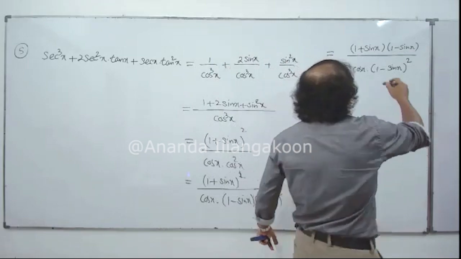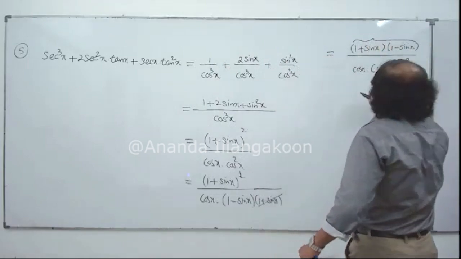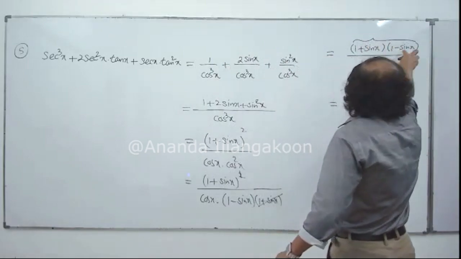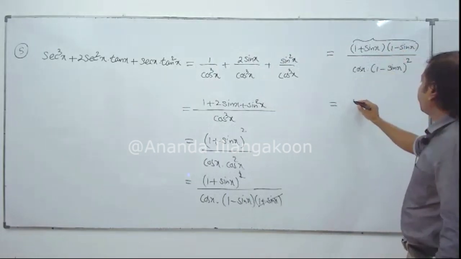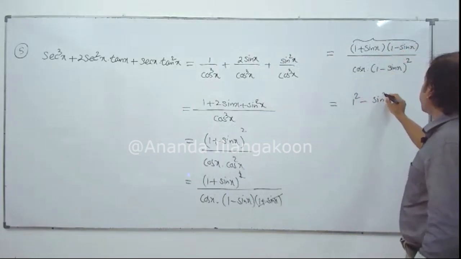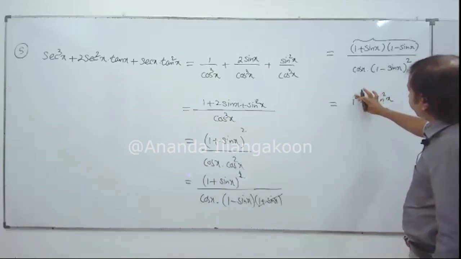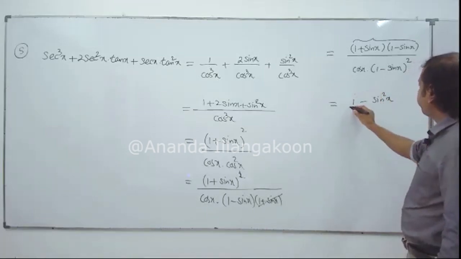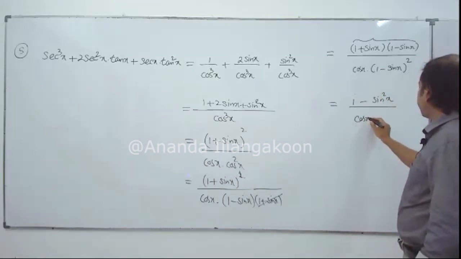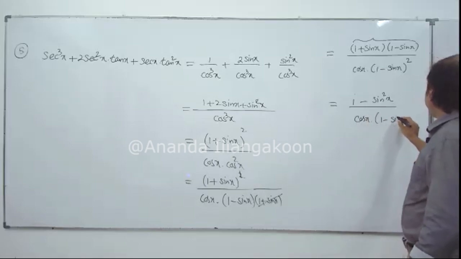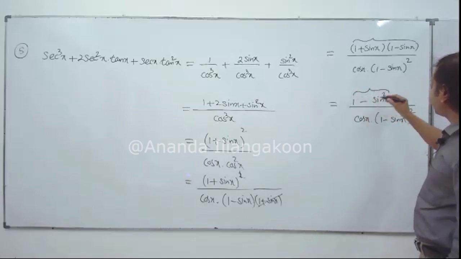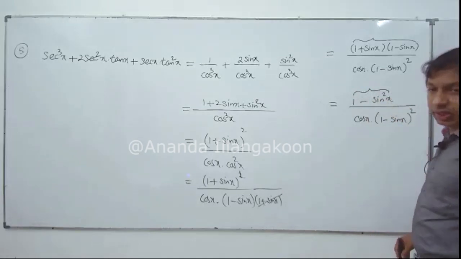Then you can clearly see, 1 plus sin x times 1 minus sin x means 1 squared minus sin squared x, and 1 squared is 1. Divided by cos x times (1 minus sin x) perfect square. But 1 minus sin squared x is cos squared x.